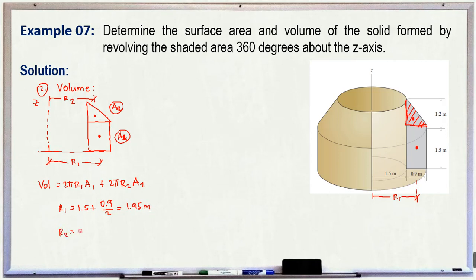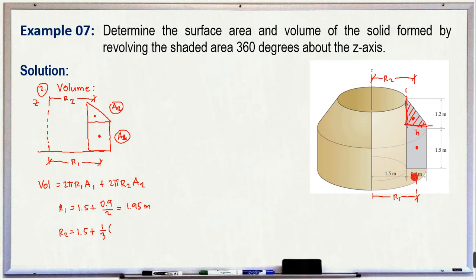For R2, for our triangle, so this is our R2. Our R2 is equal to 1.5 first plus, this is the centroid, this is the base, and we consider this one as the height. So since our centroid is closer to the base, we take 1/3 of the height.